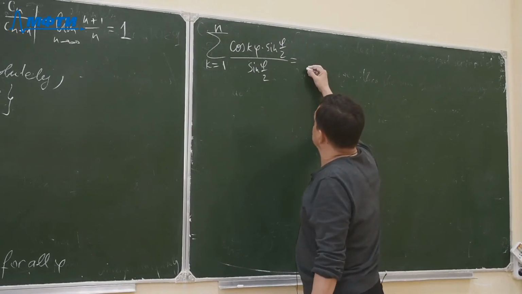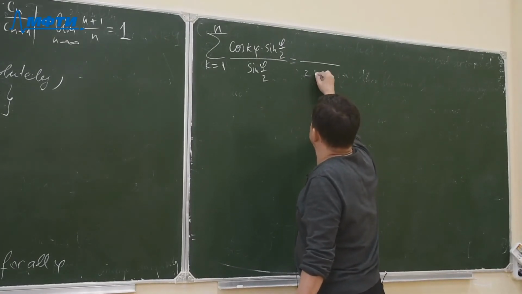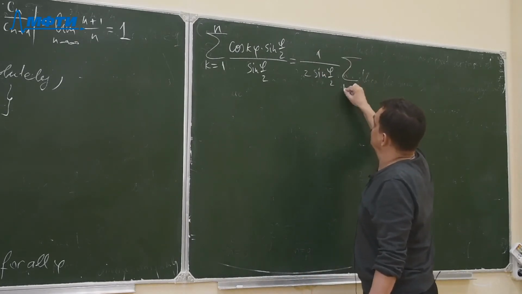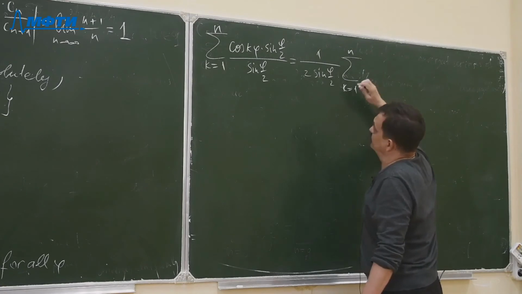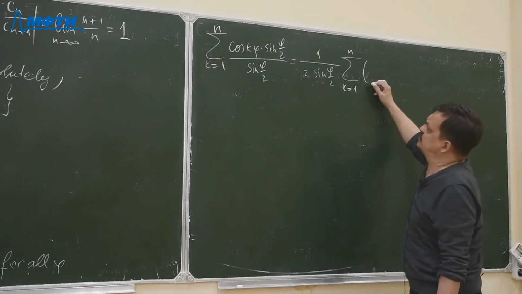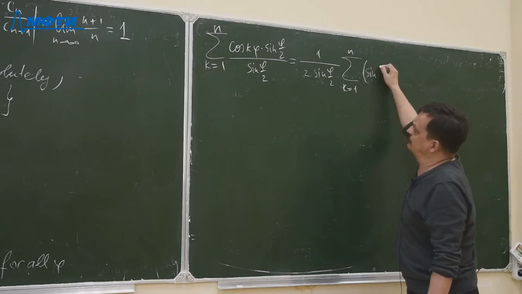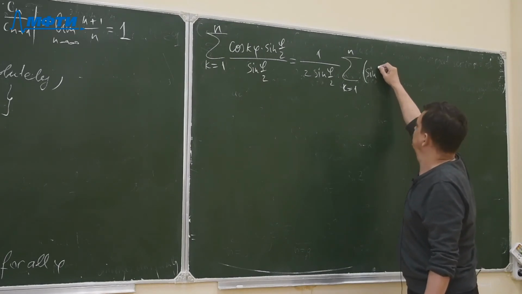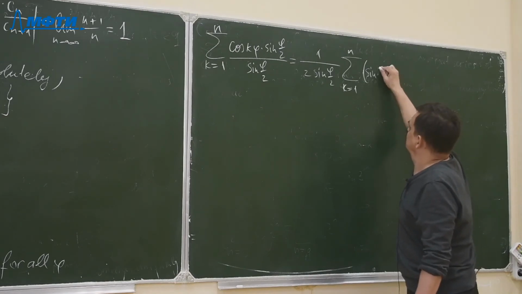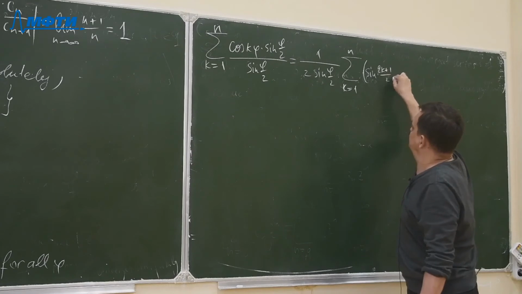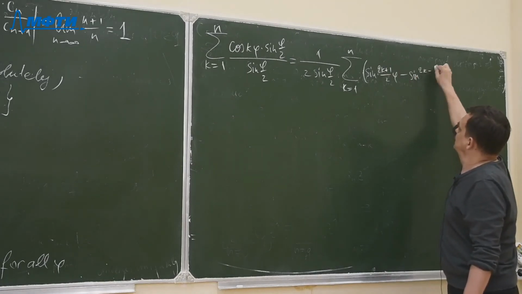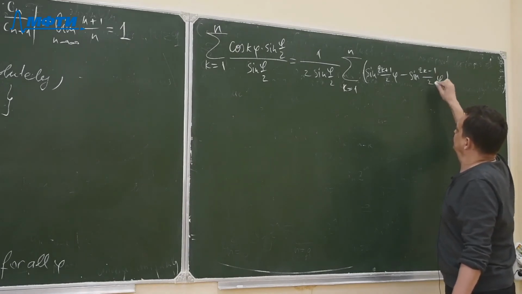Okay, we can use properties of trigonometric functions to replace it by that one. So that is a difference of sines. Which sines? Sine of 2k plus 1 over 2 phi minus sine of 2k minus 1 over 2 phi.